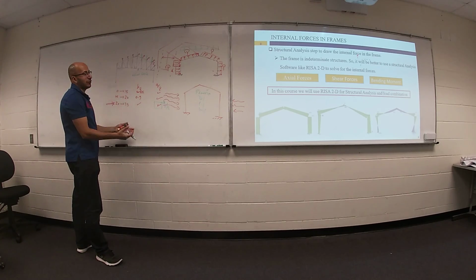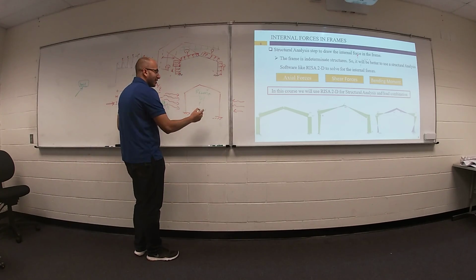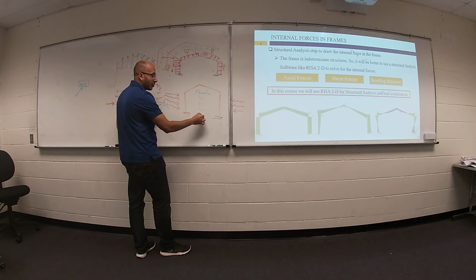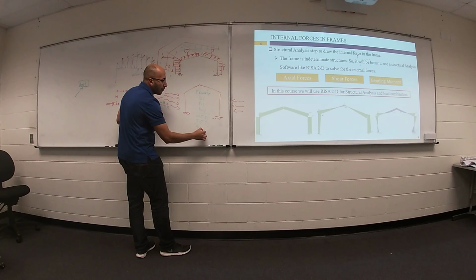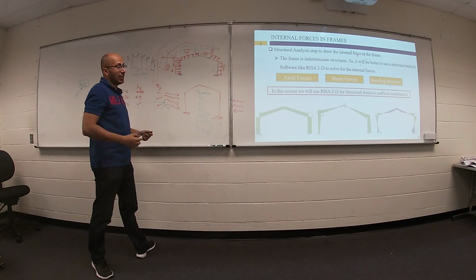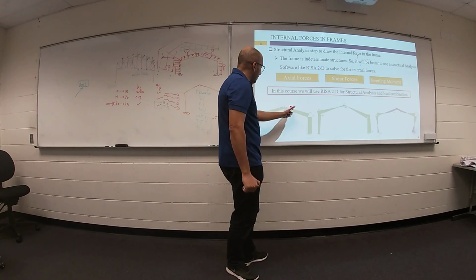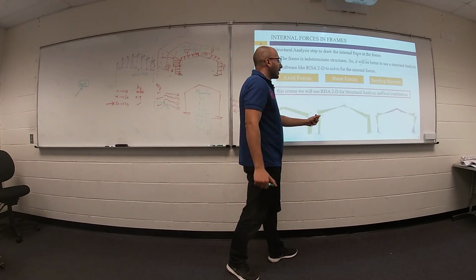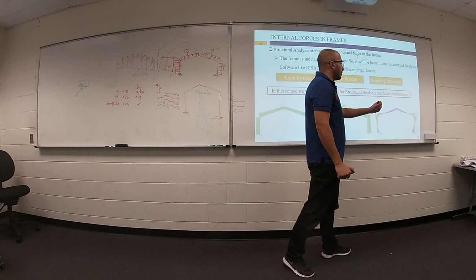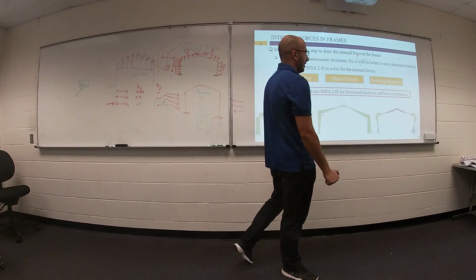That's all. But for frame, no, go back. Last time we drew the normal force diagram, shear force diagram, and the bending moment diagram for each frame. So we can expect normal force, shear force, and bending moment on each member of your frame.